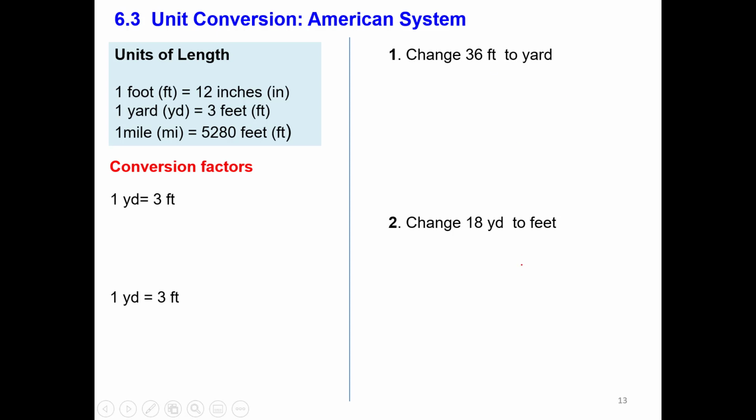I want to do this one more time just to show why we can divide by the conversion factor, or multiply by the conversion factor. Here we have 1 yard, and in this case we want to divide by 3 feet.